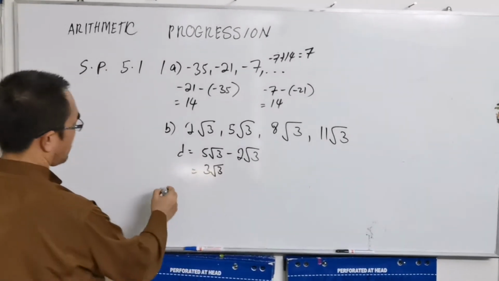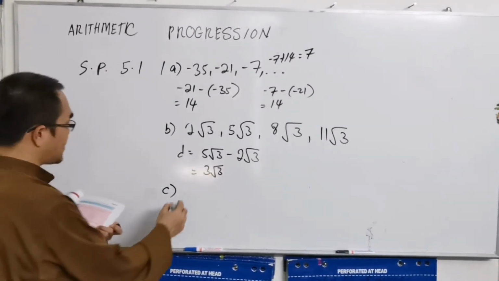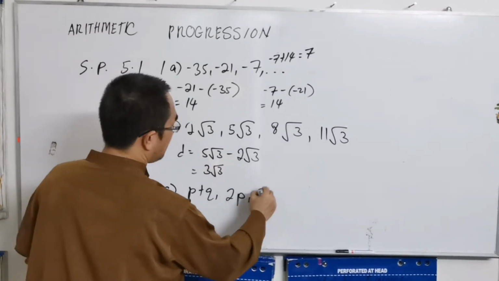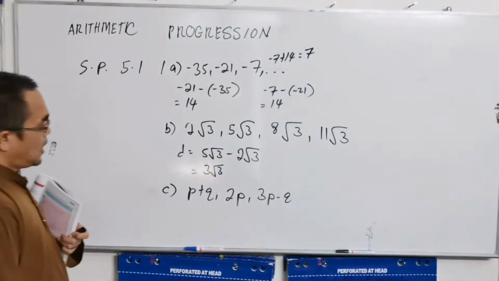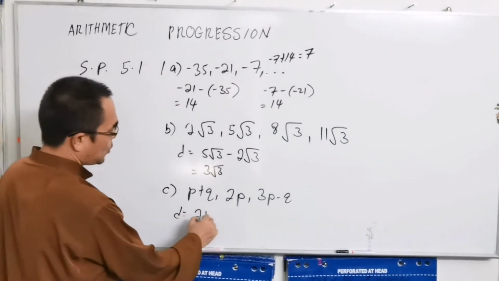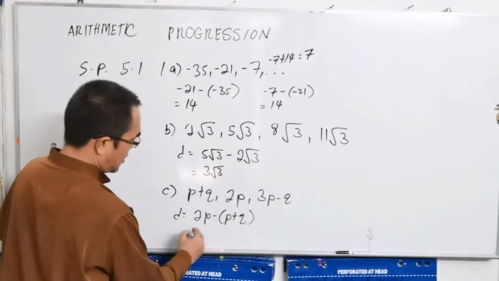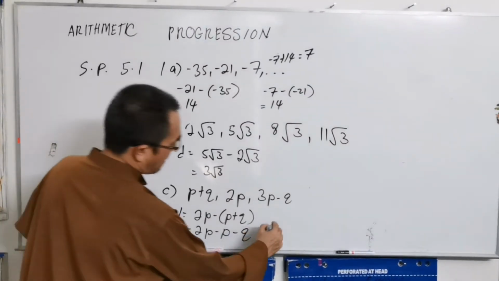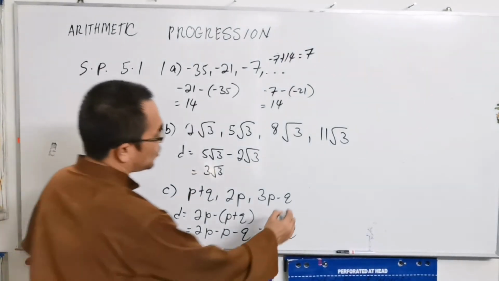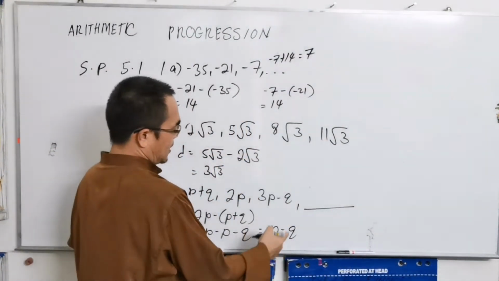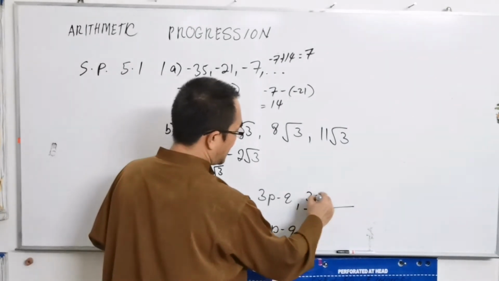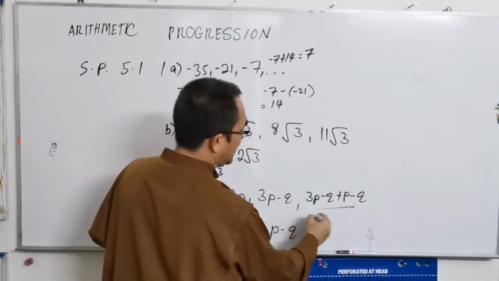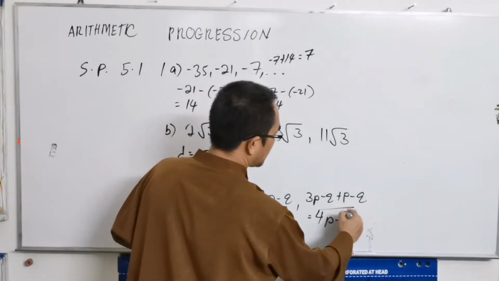And C: P plus Q, 2P, and 3P minus Q. The difference will be 2P minus P plus Q, which is 2P minus P minus Q, so it will be P minus Q. To know the next one, it will be this plus this, that is 3P minus Q plus P minus Q, so it will be 4P minus 2Q.